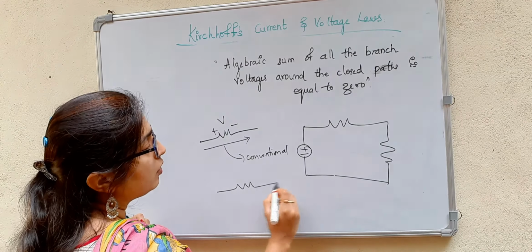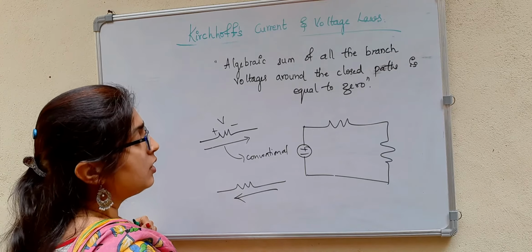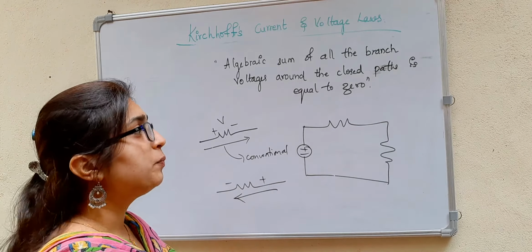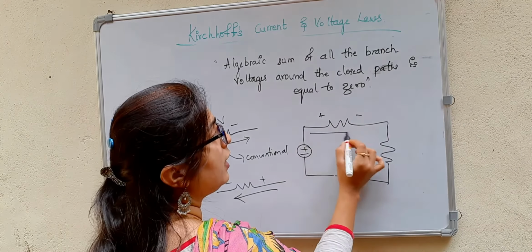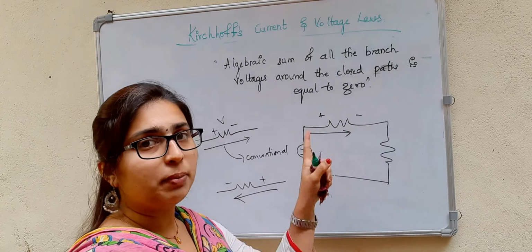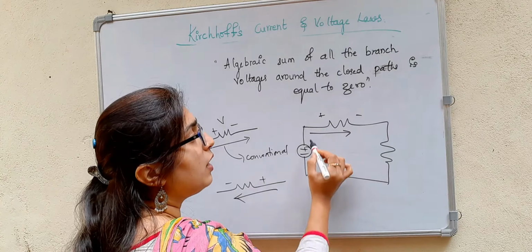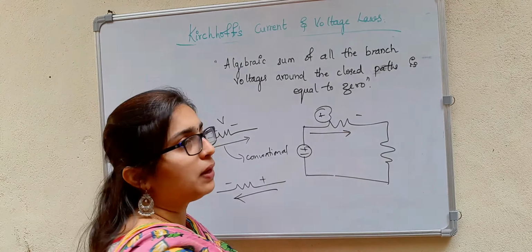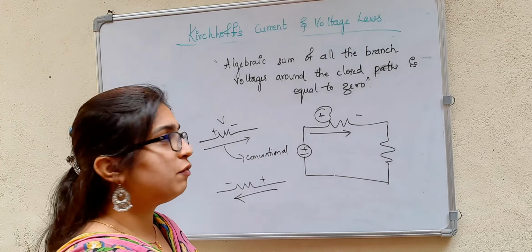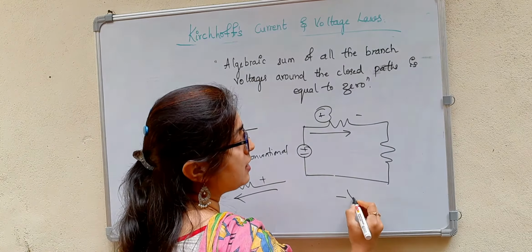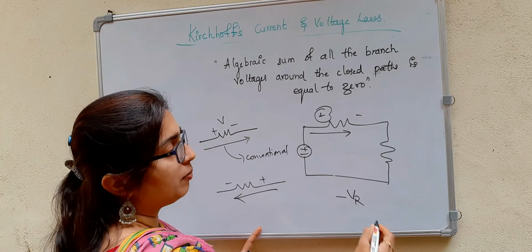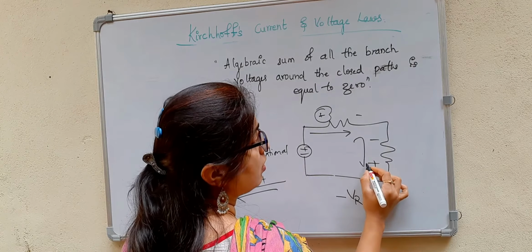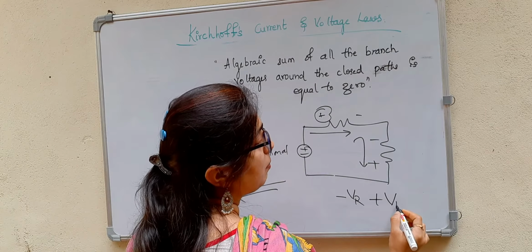What if the current flows from here? Then this will be higher potential and this one will be lower potential. So while applying KVL, if you get the plus sign first, this will be considered as minus VR. If you get minus first and then plus, you are going to get plus VR.